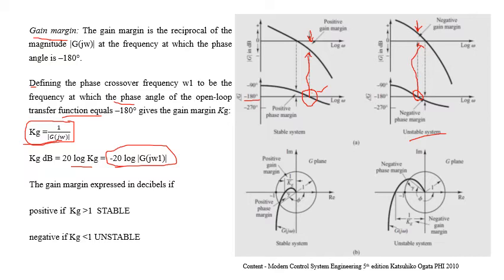Now how will you identify it using the Nyquist plot? Look at here: you need to find out how much distance is still there for the system to reach the -1 plus J0 point, that is here. Similarly, for the unstable system, how much distance you have crossed with respect to the -1 plus J0 point.